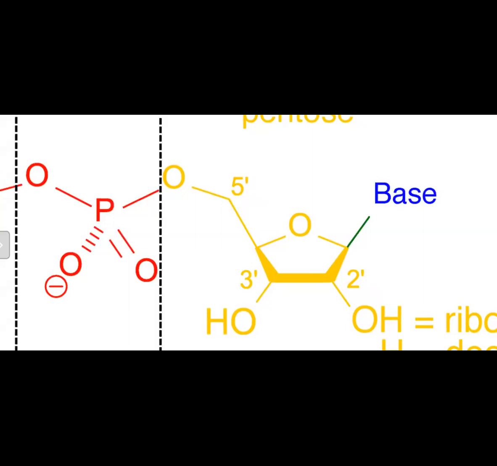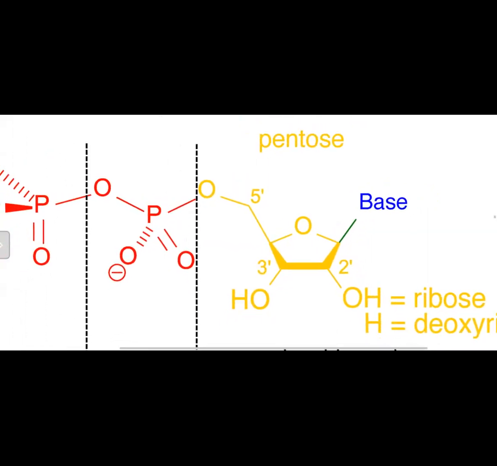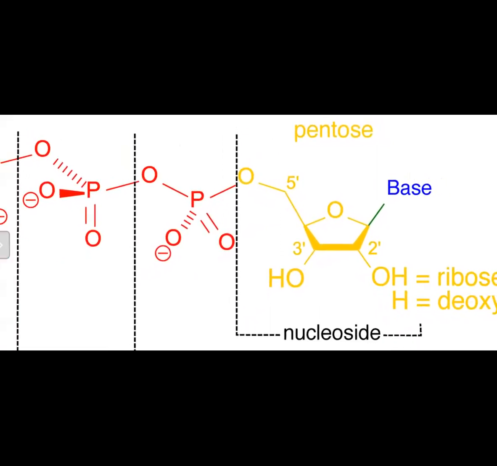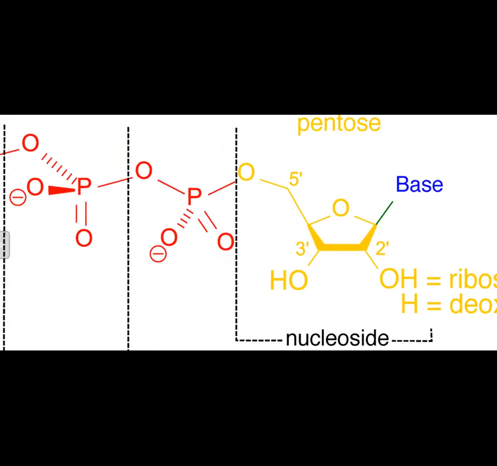If you consider this base as adenine, we call this molecule AMP, adenosine monophosphate. Is it clear? You might have studied ADP and ATP in your lower classes, right? If one more phosphate is attached to the first phosphate, what is this called, if you consider this base as adenine?